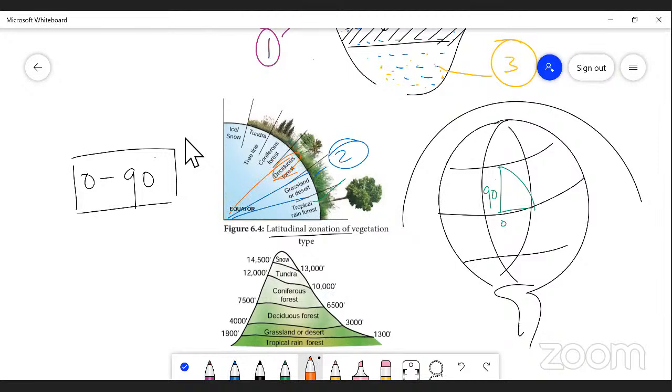Deciduous forest is determined by about a 45-degree angle, right? And the coniferous forest is determined by an angle of about 60 degree. That is important, right? And tundra is also a kind of vegetation.